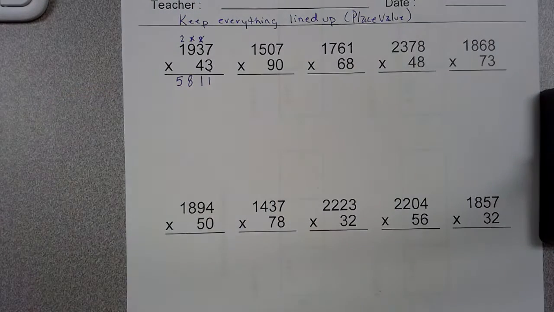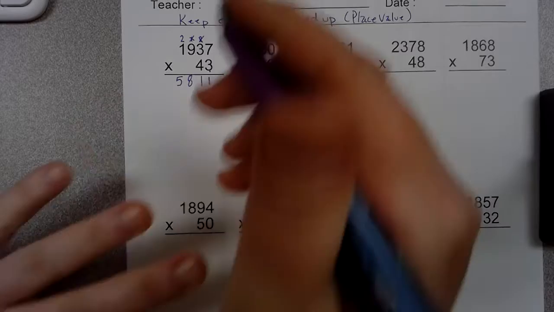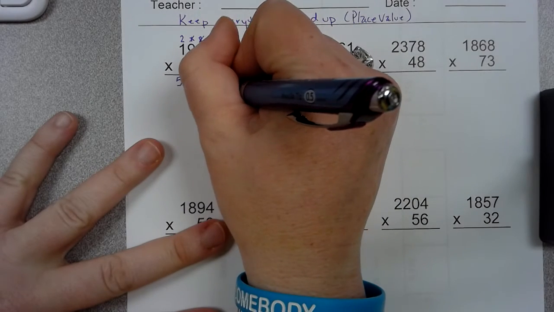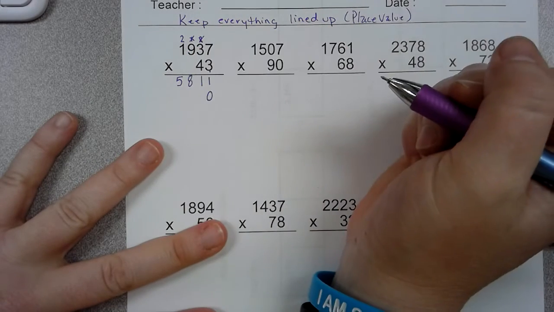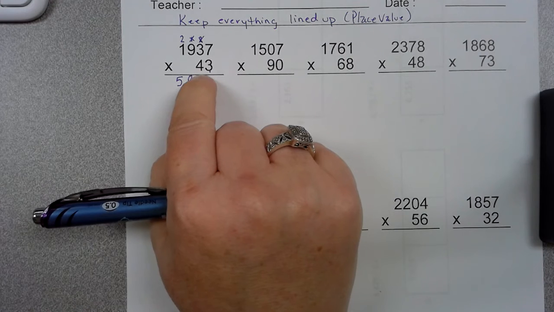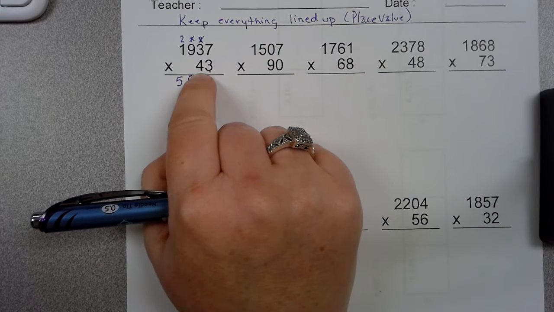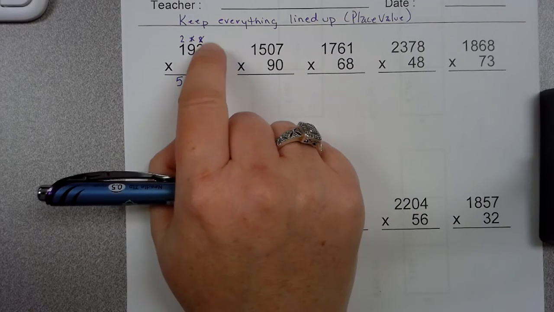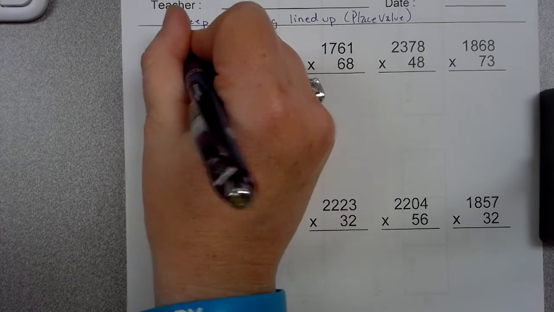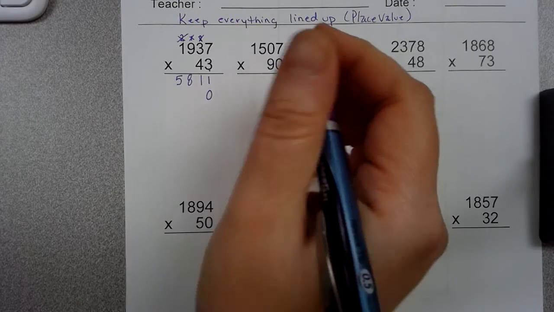All right, now I have multiplied and worked out the ones place in the 43. Now I want to go to the 4. So the very first thing I have to do is put that 0 right here, because I'm technically moving over to the tens place. So I'm going to say, what is 4 times 7? 4 times 7 is 28.